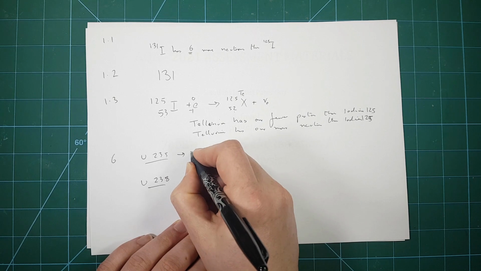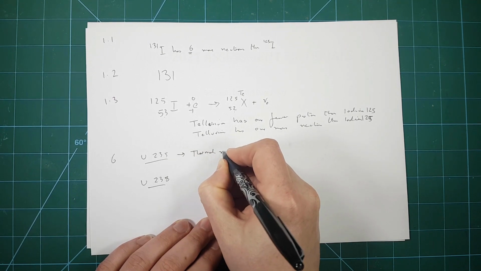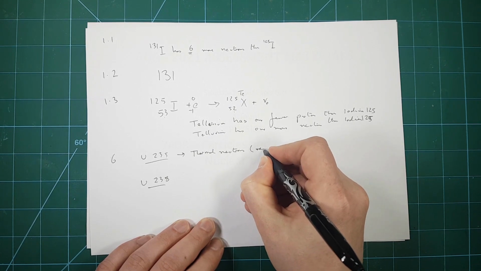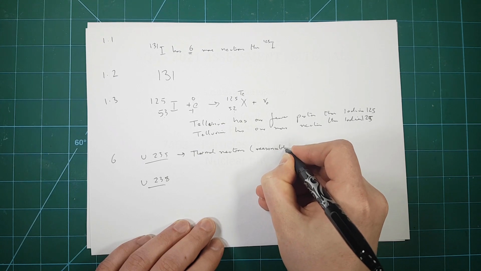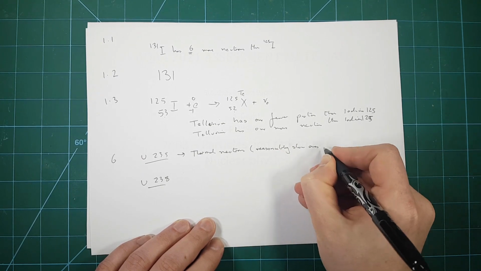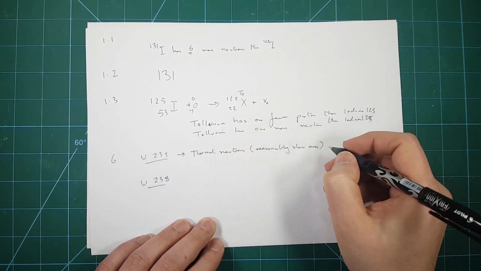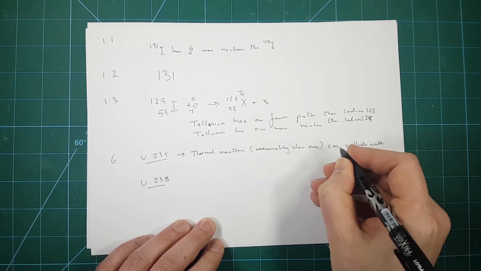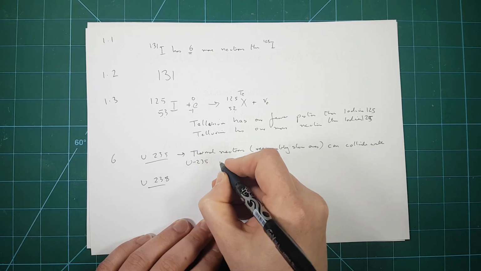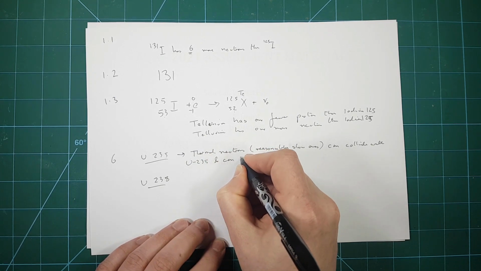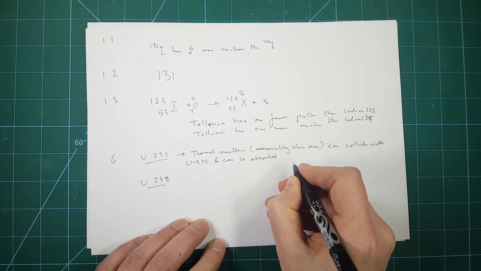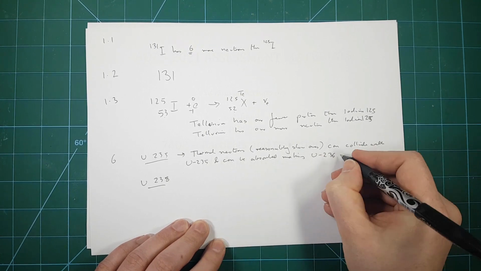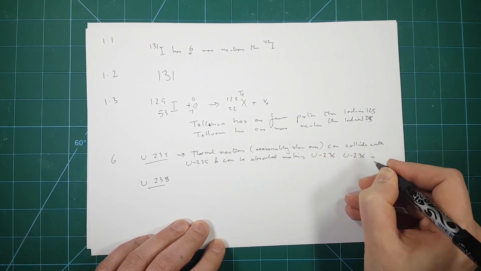So we can say that thermal neutrons, so those are reasonably slow ones, they can collide with uranium-235, and when they do, they get absorbed, or they can be. And that makes uranium-236. Uranium-236 is fissile.